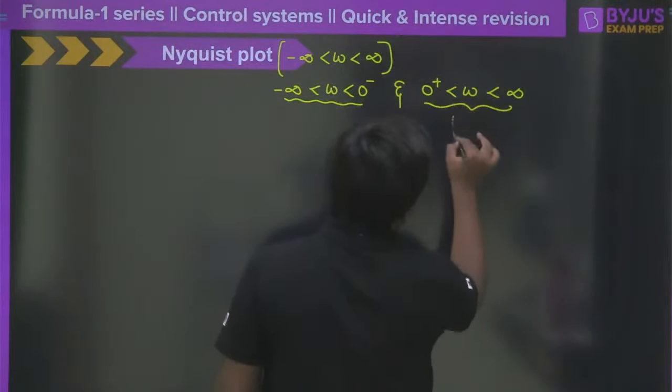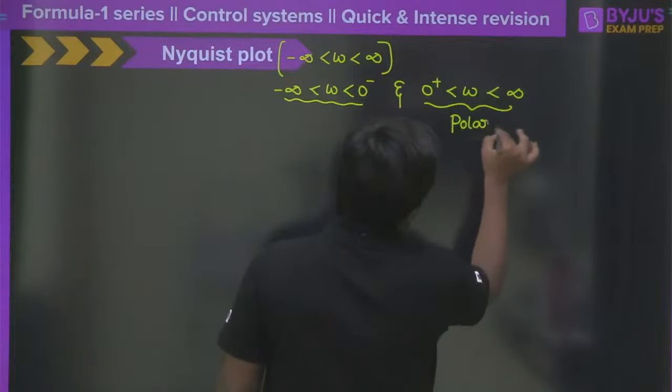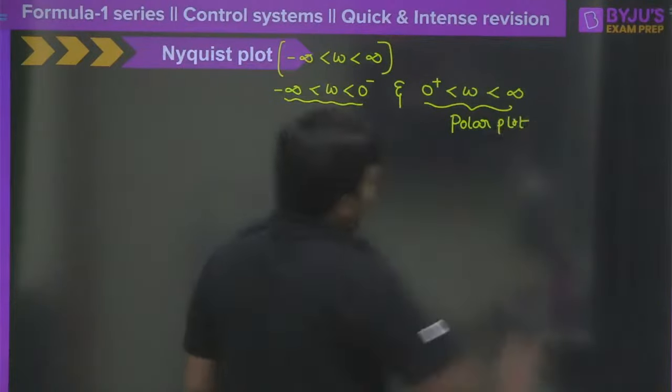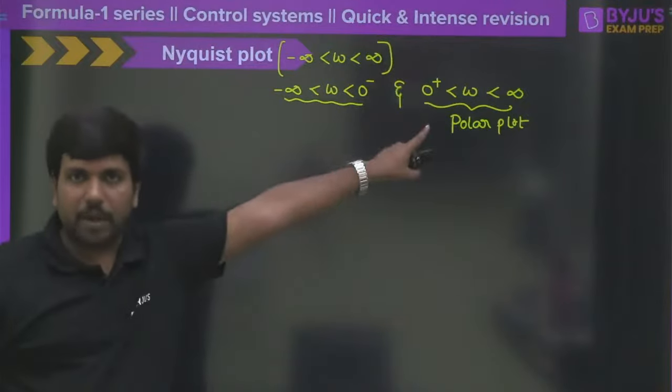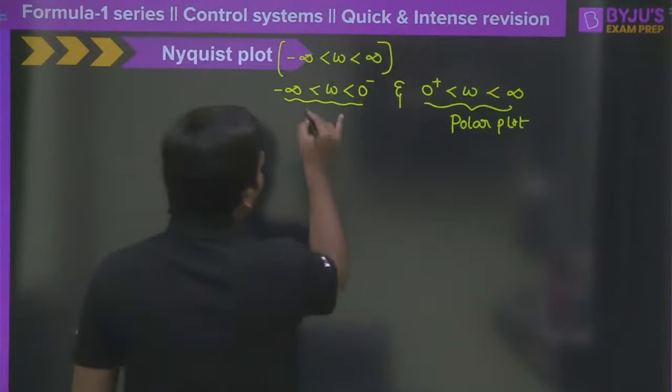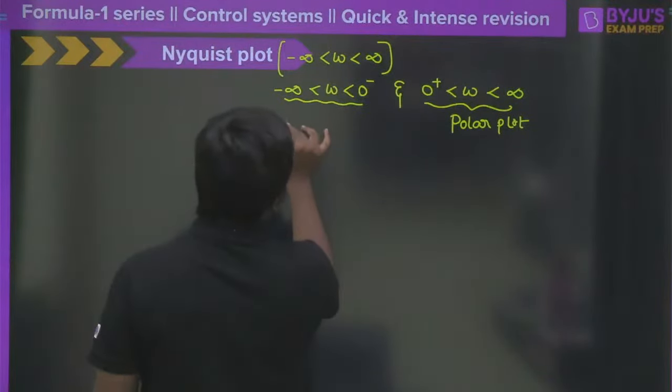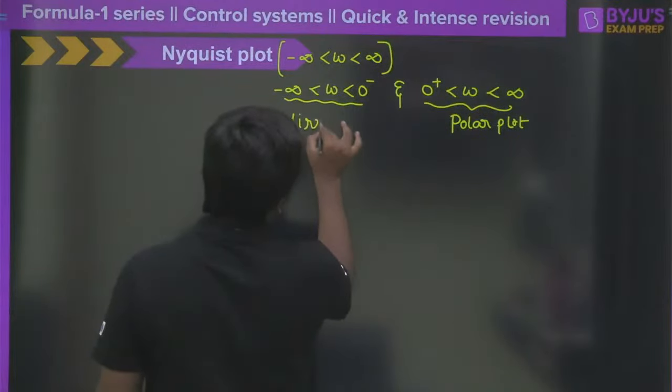This part is considered as a polar plot. So usually we call this a polar plot, and we call the other part the mirror image of the polar plot. Clear?